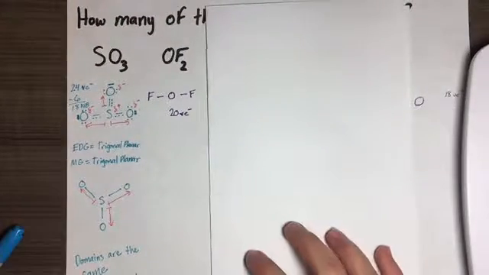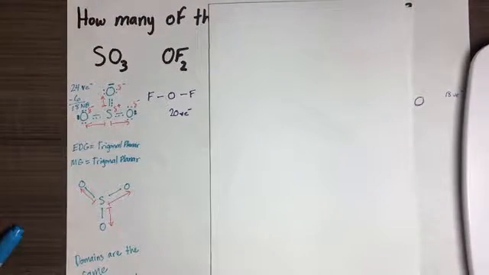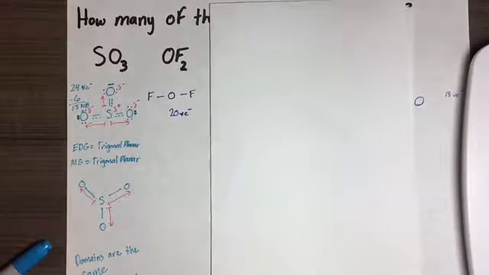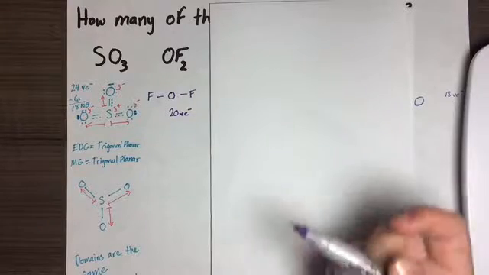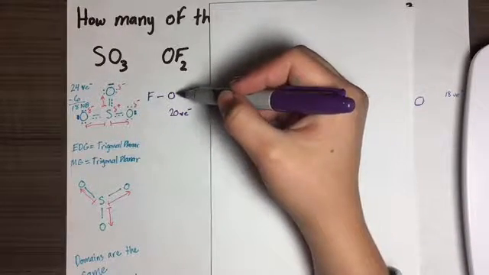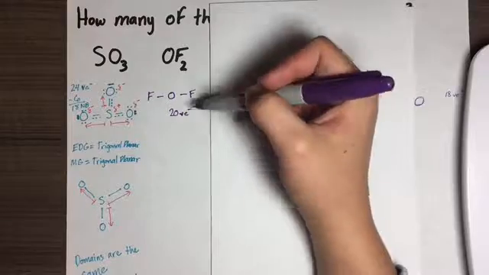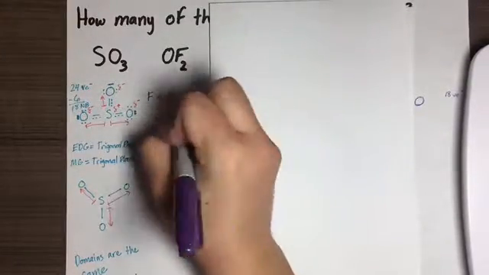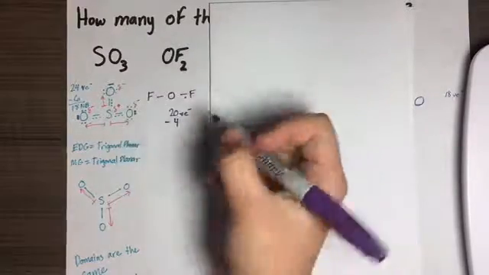Next we have OF2. So it has 20 valence electrons: fluorine has 7, so 2 fluorines make 14 valence electrons, plus the 6 valence electrons from oxygen, so we will have 20 valence electrons. And then we'll subtract 4, because we had 2 for this bond and 2 for this bond.